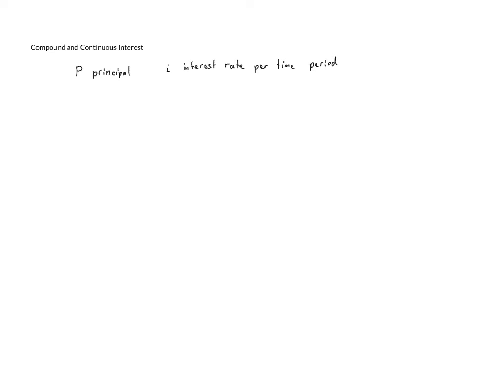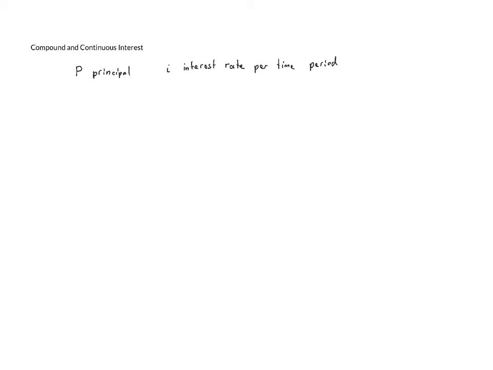And what I mean by compounded is whenever you're owed interest, whether it's every month or every week or every day, that interest goes into the account, and then the next time that you earn interest, you earn interest on the interest that was put into the account. Or if it's a student loan, you owe interest on top of the interest that has accrued.